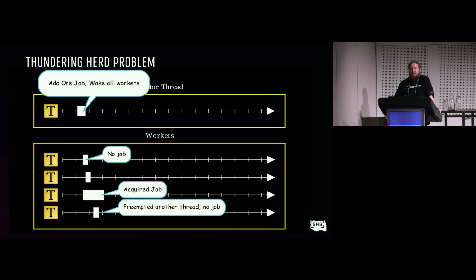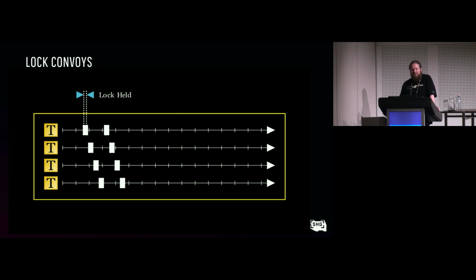If your job system is lock-free, then it potentially increases the cache coherence overheads, slowing down the actual thread which got the job. And if the job system uses locks, then potentially it's causing lock contention, which could lead to other issues like lock convoys, which I'll cover next.